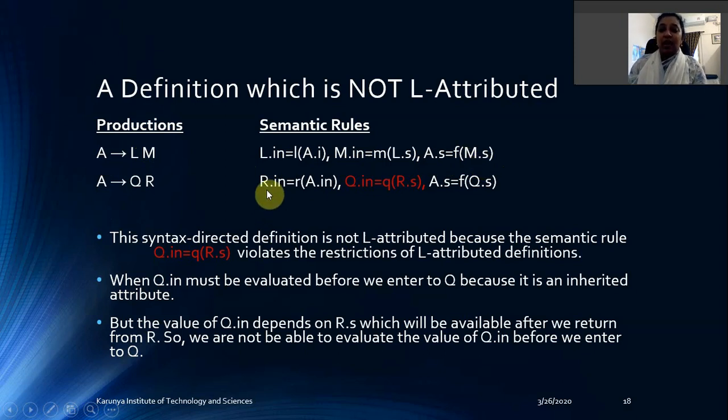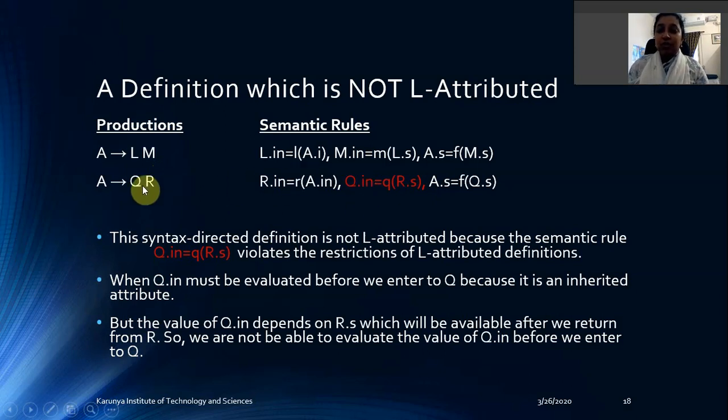What about R? R, we are trying to evaluate from A's value. Therefore, R is inherited. Q's attribute, Q is using something on the right of it. What can inherited accommodate? Inherited can accommodate only the attributes of the grammar symbols to the left of it.